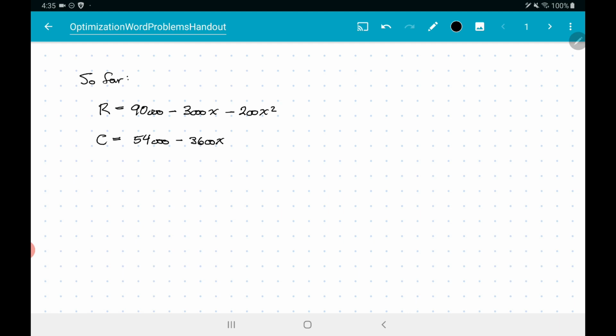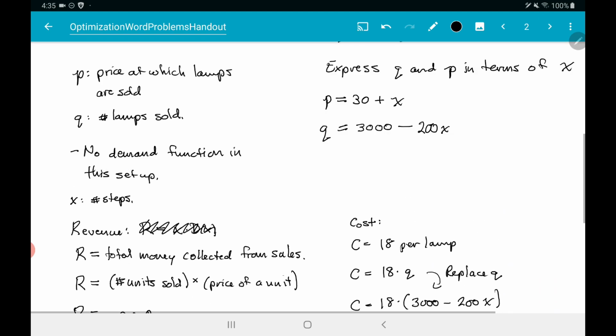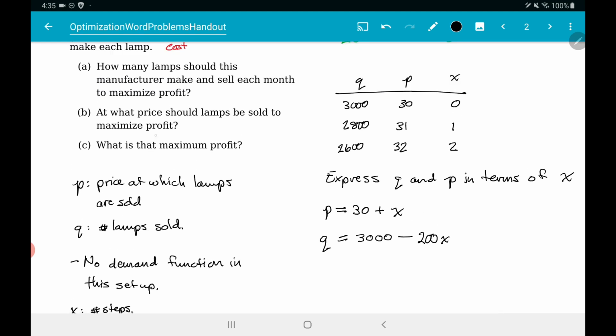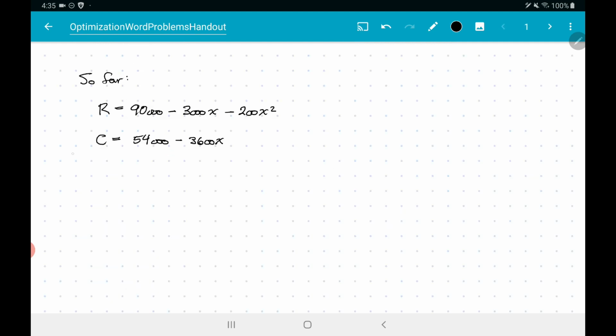Reading the problem statement again, our goal is to maximize profit and to find out what the business is like when profit is maximized. So we need a profit function. And do you remember the definition of profit?